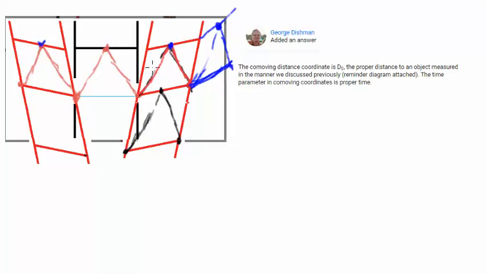So all of these events, the measurement of this ruler and this ruler and this ruler, all take place at different times. Now the clocks might read the same thing: tau equals 5, tau equals 5, tau equals 5.